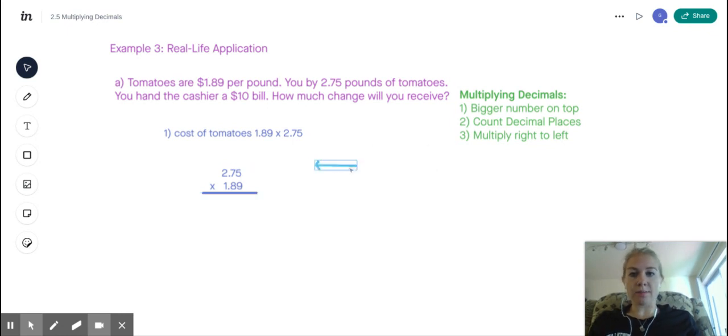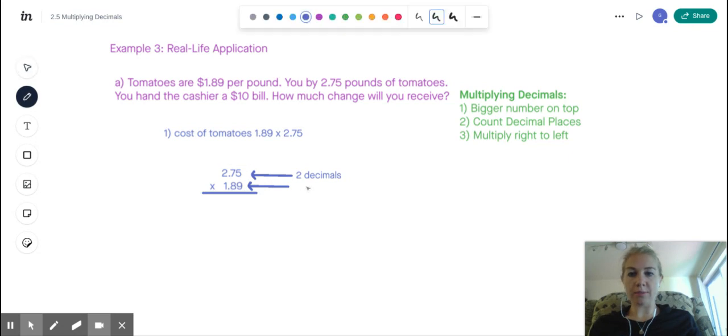Now let's count our decimals. In our first number, 2.75, there are 2 numbers to the right of the decimal point, so that means there are 2 decimal places. And in 1.89, there's 1, 2, also 2 decimals.